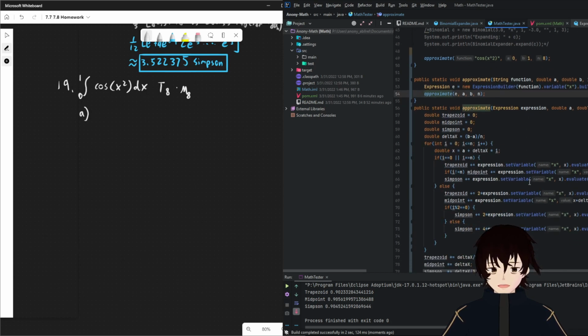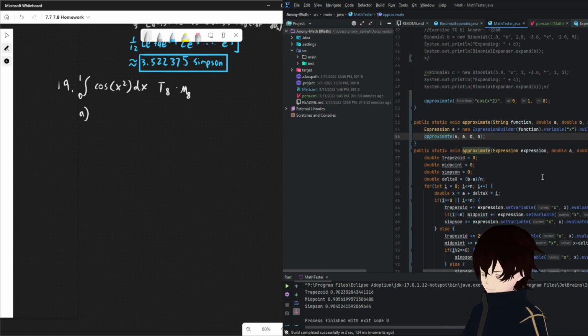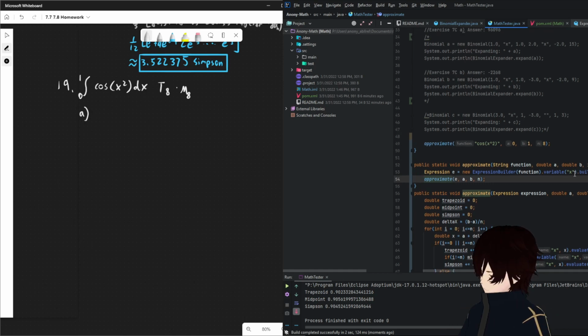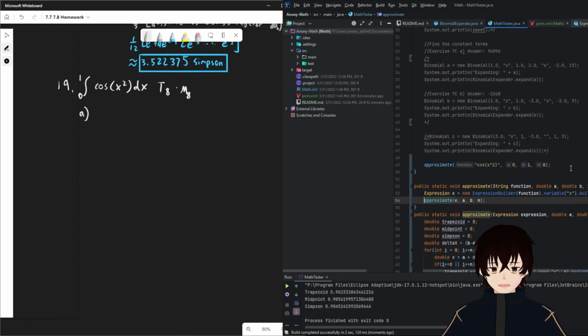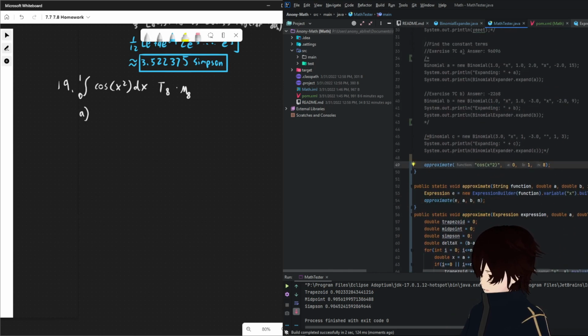It looks like it does. Looks like it does have trig functions built in. Oh, yes, it does. Thank God it has trig functions.